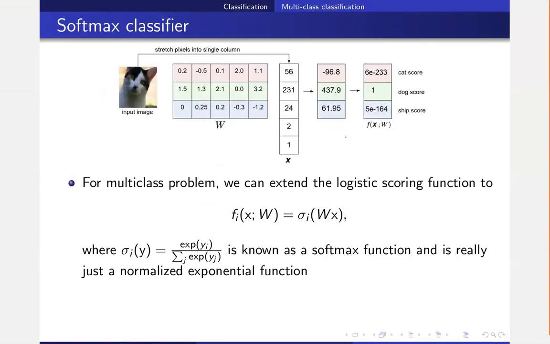Before I talk about cross entropy, let's look at multiclass first. Let's say now I want to classify not just a cat or not a cat, but whether the image is a cat, dog, or sheep. I can do the same thing.